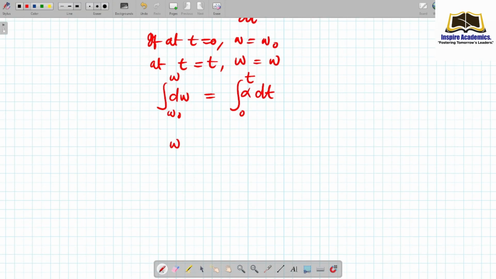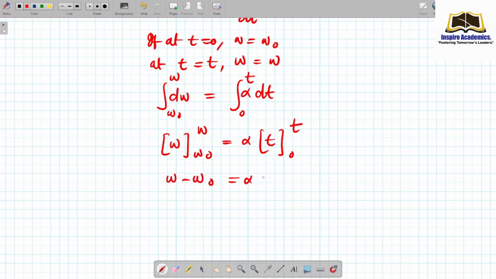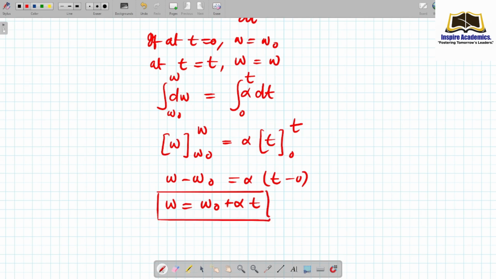Omega limit omega naught to omega would be alpha t, limit 0 to t. Omega minus omega naught would be alpha t minus 0, which means omega will be omega naught plus alpha t. This is your first formula of rotation. It is similar to what you have already studied, v is equal to u plus at.